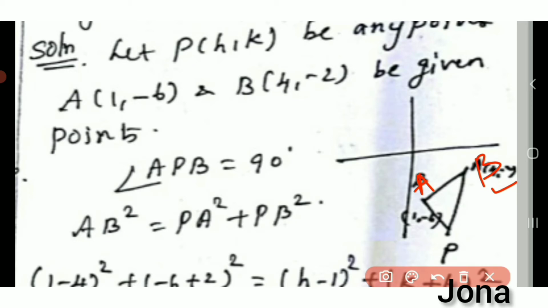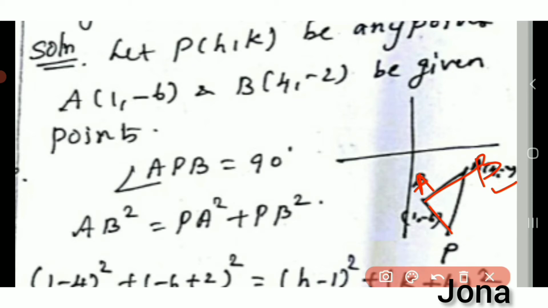Here both the points subtend a right angle at P in the triangle. So that is P here. So we can have AB square equal to PA square plus PB square. Okay, so PA square plus PB square.